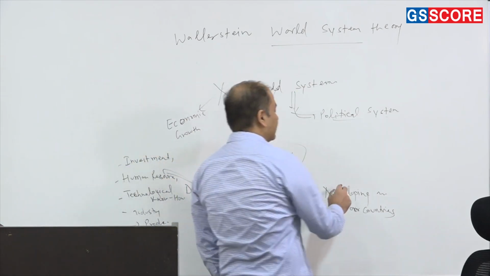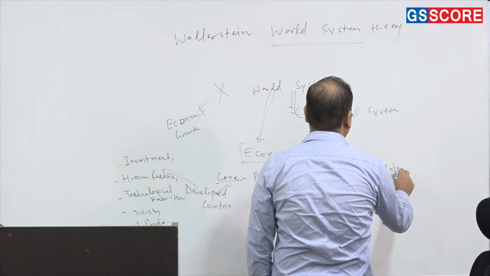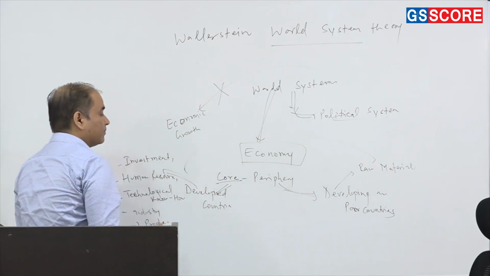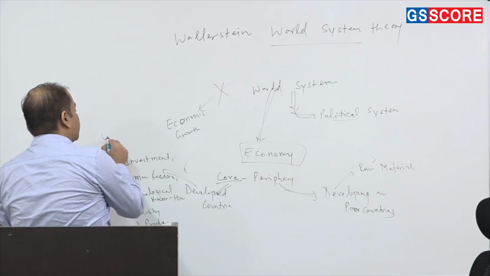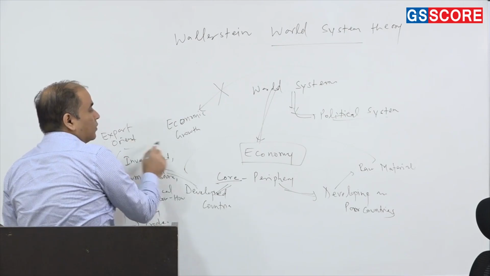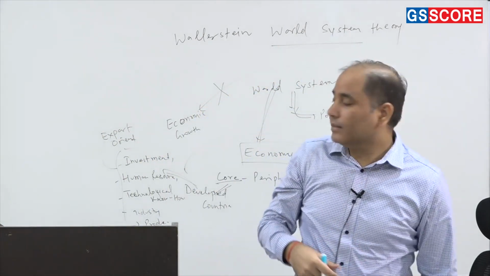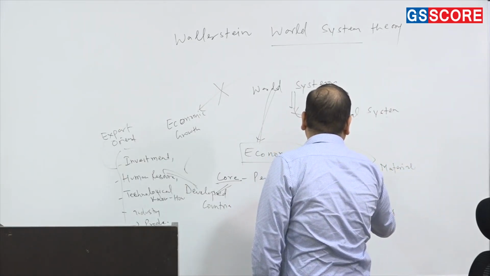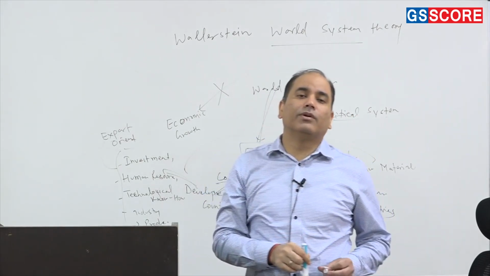Whereas the developing countries are just having the raw material. So raw material is being given to developed countries. The developed countries will just produce and they will become export oriented. Whereas the developing countries, which have the resources and raw material, will become importing countries. So they will need to import.